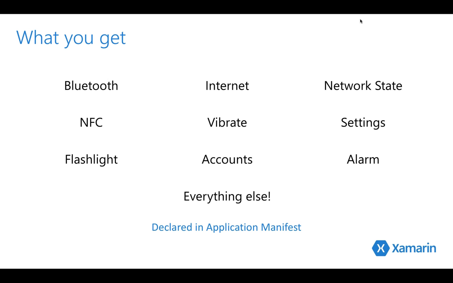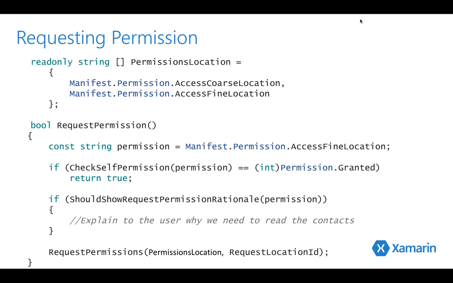Calendar, location, microphone, SMS, and phone, and all these other ones that you're seeing. We call these permission groups because what's really nice is that they account for about 30 of the 130 permissions on Android. For instance, for contacts, you may need to read contacts, write contacts, update contacts, and integrate with contacts.